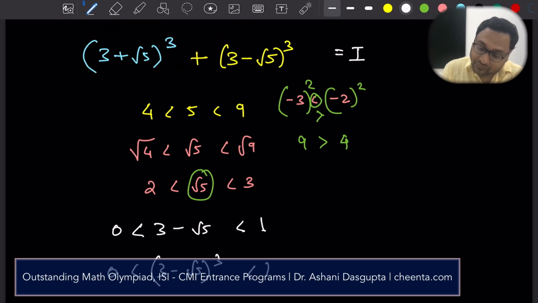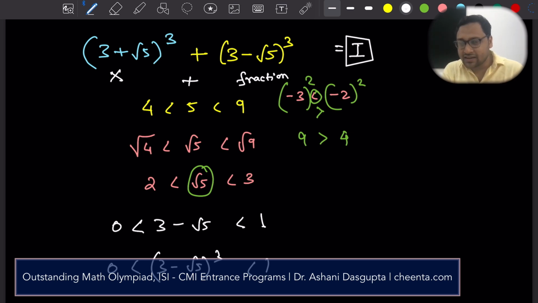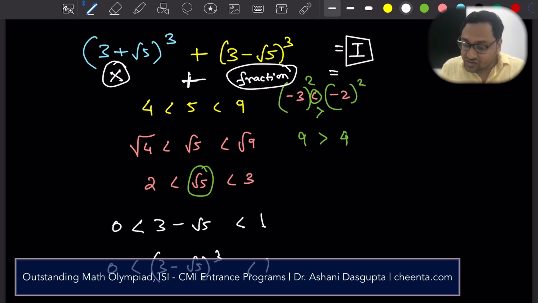If we can show that this sum is an integer, then this number, whatever it is, plus some fraction. When I say fraction, don't take it literally. It's not really a rational number I'm talking about. When I say fraction, think about a number between 0 and 1. So some x plus the fraction is an integer.